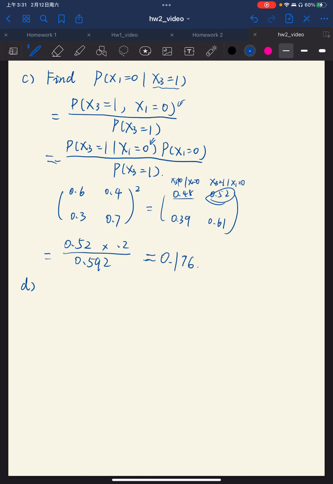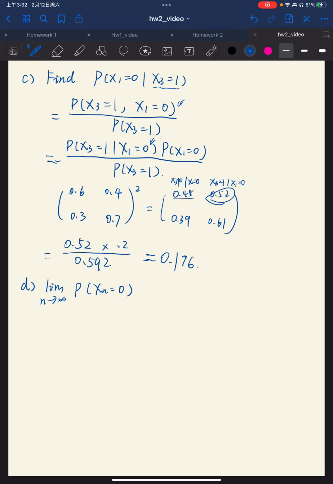So for the final problem, we have to find the limit as n goes to infinity of the probability of xn equals 0.